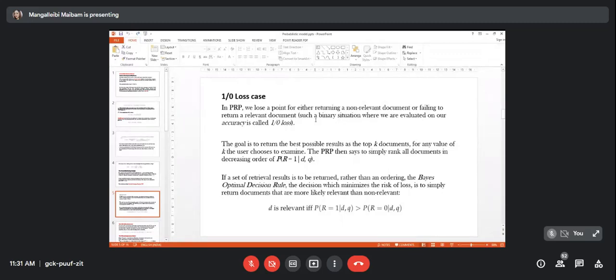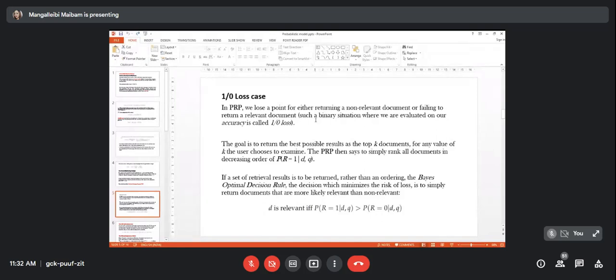When I say R equal to 1, it's going to return only the relevant document. Suppose in the collection there are some non-relevant documents, then it is not going to return the non-relevant documents. And again in PRP, if I say R equal to 0, then it's going to return only the non-relevant document, and it does not return the relevant document.